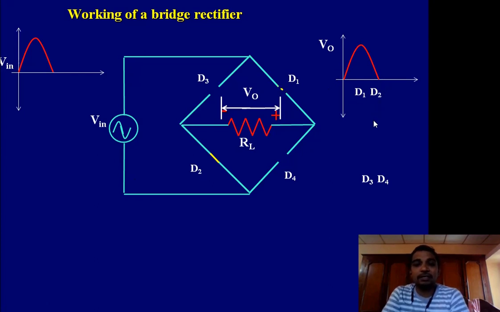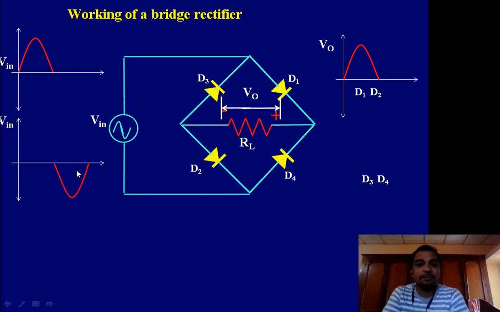And next, during the negative half cycle on the supply side, let us see how it is going to work. In the negative half cycle, the positive potential is applied here, to the anode of D4, so D4 will be forward biased.